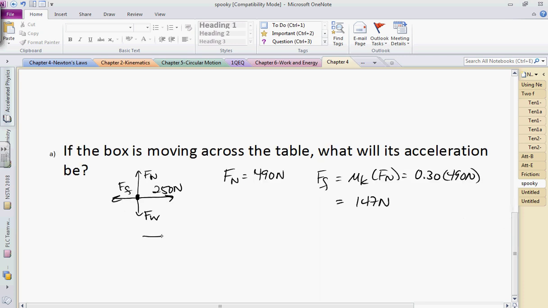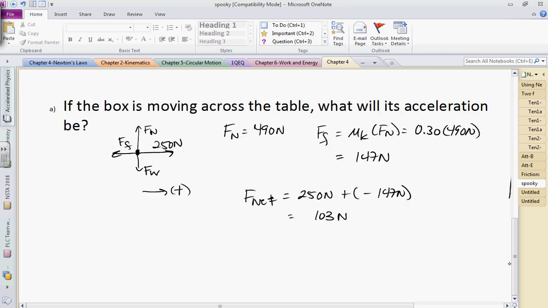So let's take into account our coordinate system. Let's make to the right positive. And so our net force here will be equal to 250 newtons plus a negative 147 newtons. It's negative once again because the friction is opposing the motion and it's pointing to the left. And so our net force for this will be 103 newtons. Okay.